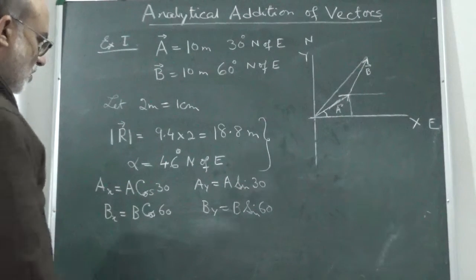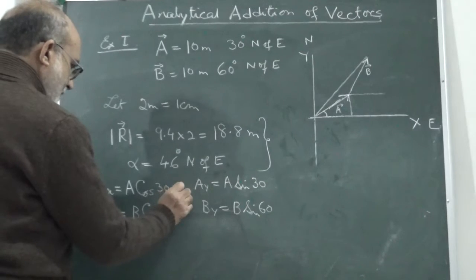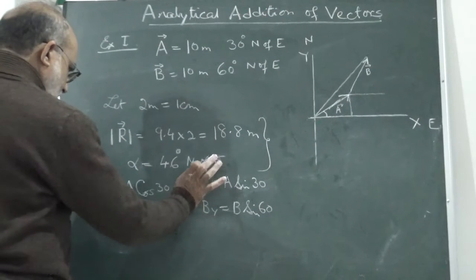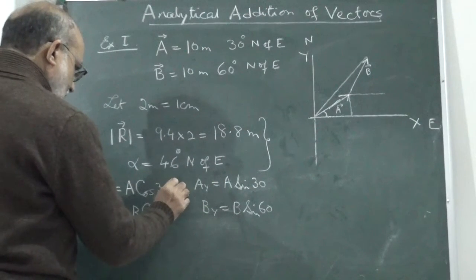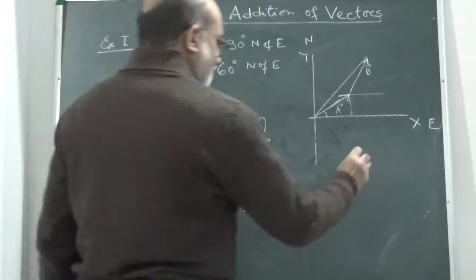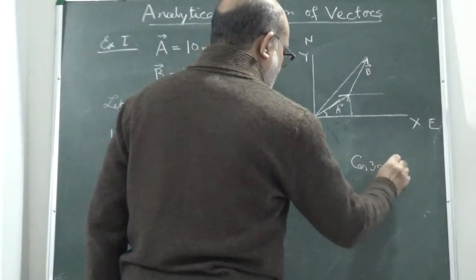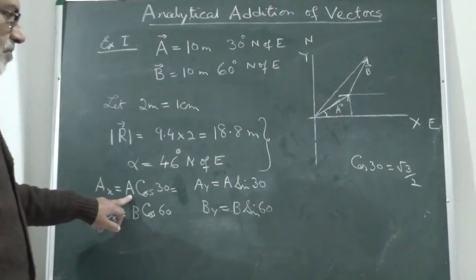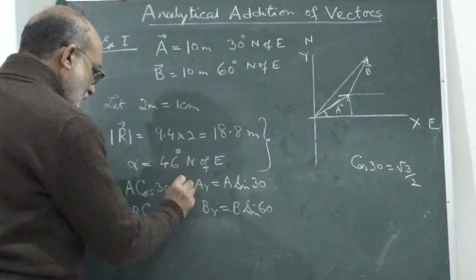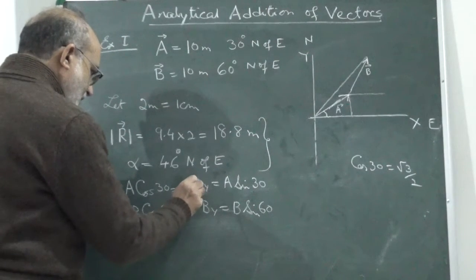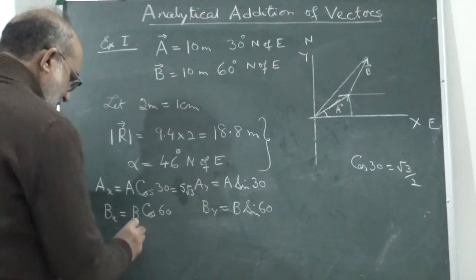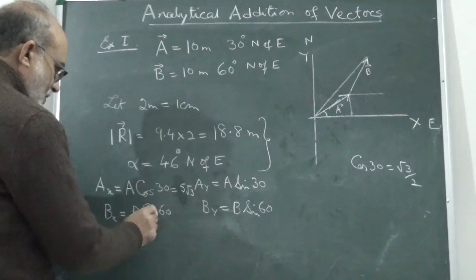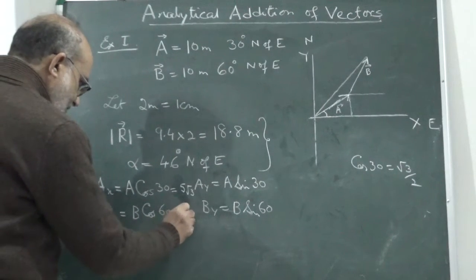So root 3 by 2 times 10 means 5 root 3. And cos 60 is 1 by 2. So B is 10 and 1 by 2, that is equal to 5.